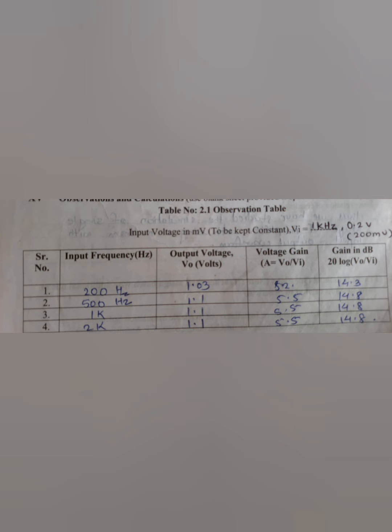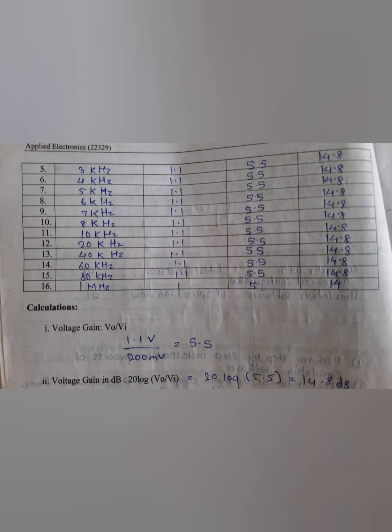Gain in dB is 20 log V0 upon Vi, that is 14.8. These are the other values ranging from 3 kilohertz to 1 megahertz. How to calculate the voltage gain is given by V0 upon Vi. So for example, if the output voltage is 1.1 and the input is 200 millivolts, you will get 5.5. Gain in dB is 20 log V0 upon Vi.